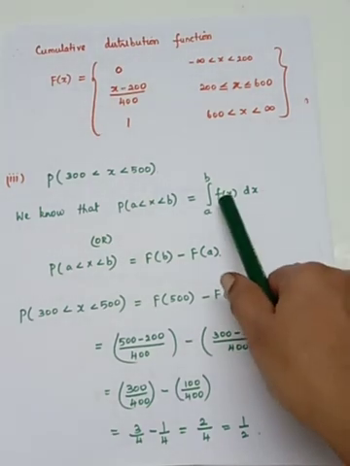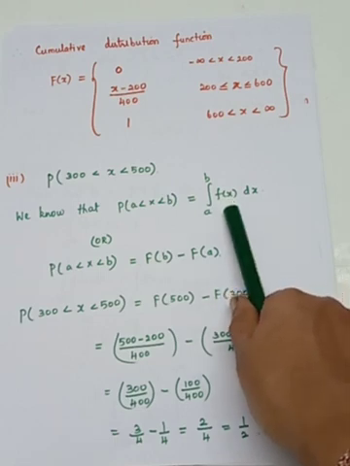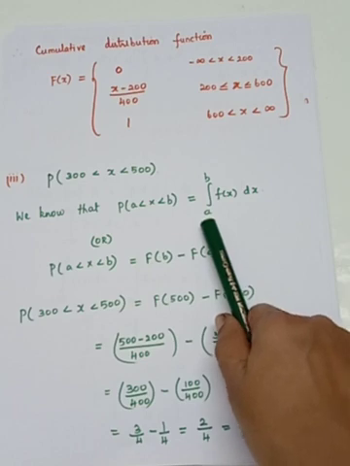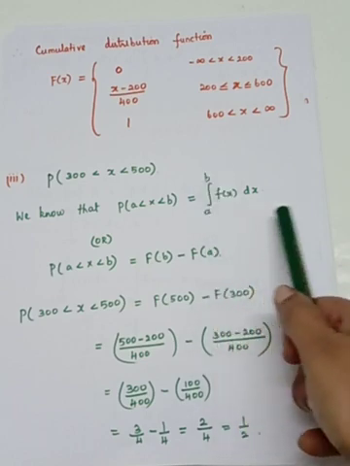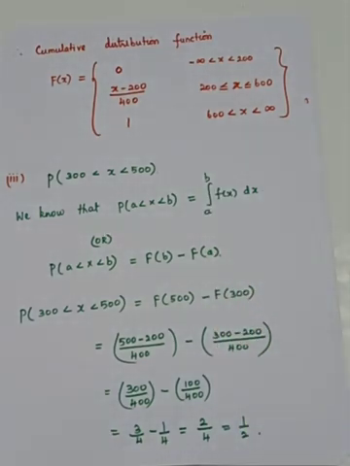If you use small f of x, that is the probability density function, you have to use the formula integral a to b f of x dx. You have to integrate and apply the limits.